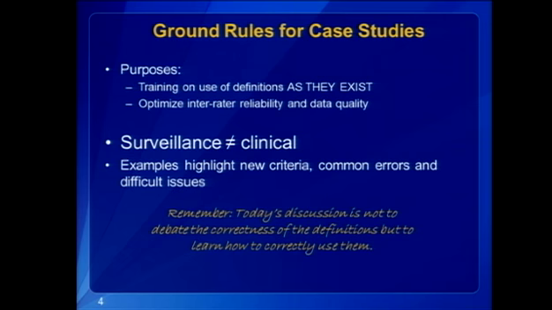You may see some cases in here where clinically you may disagree, but we are training on the use of the definitions for surveillance purposes and applying them consistently as they're supposed to be done. We're hoping to optimize the inter-rater reliability by doing this and improve our data quality. So just remember that for today's discussion, the purpose is not to debate the correctness of the definitions, but to learn how to correctly use them.